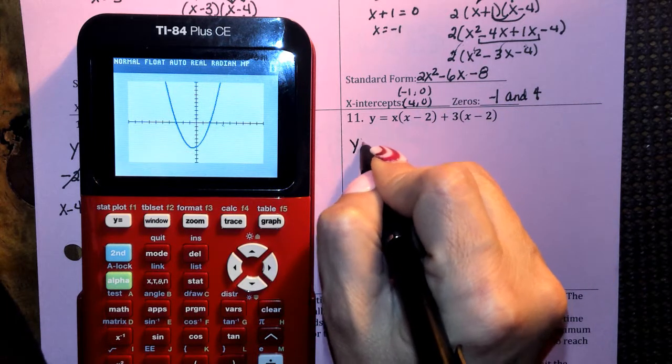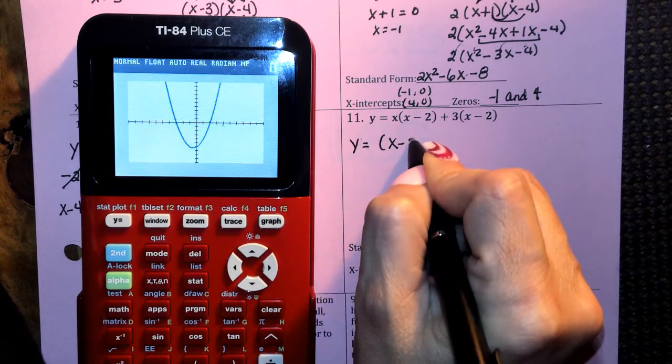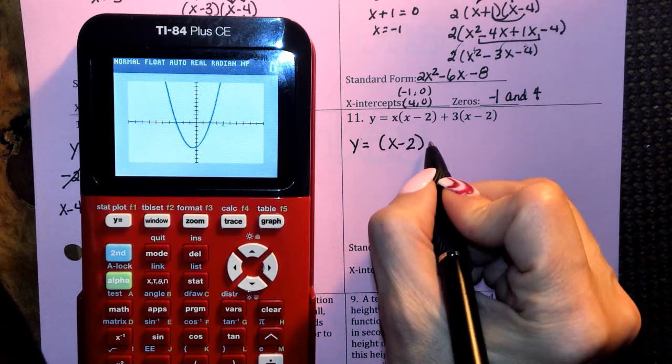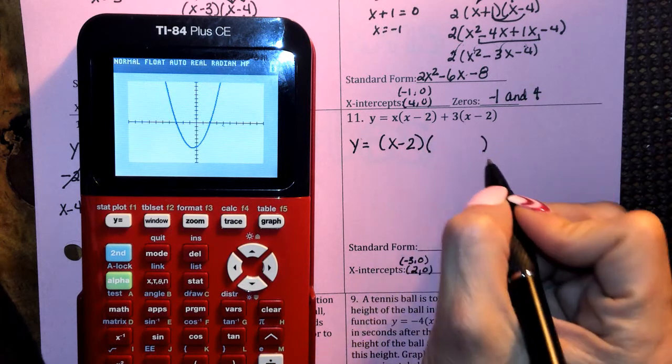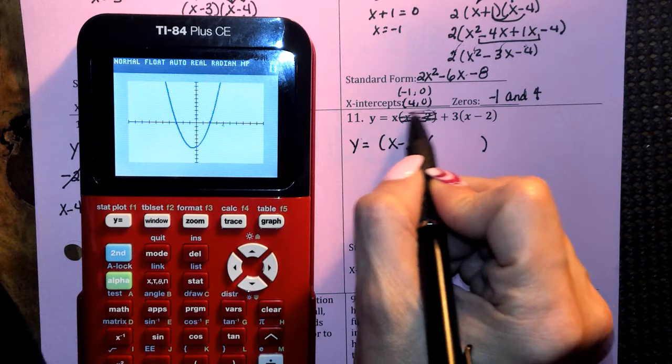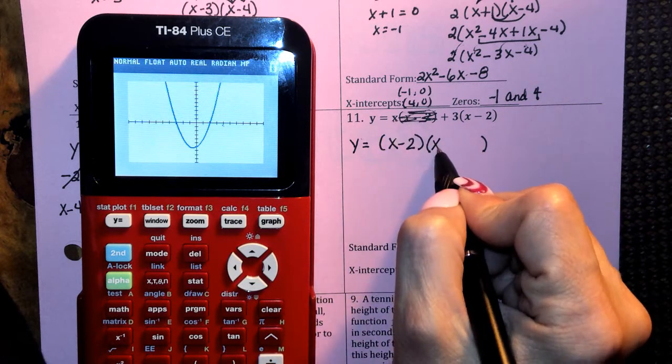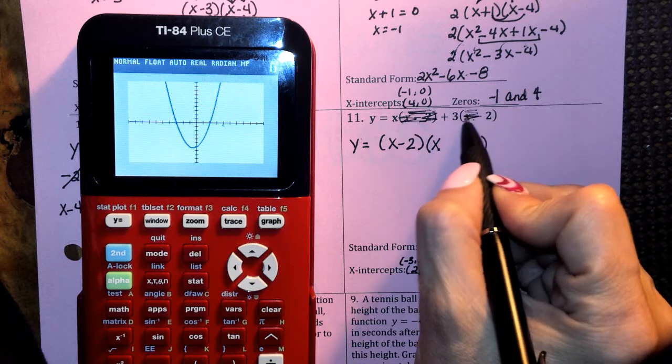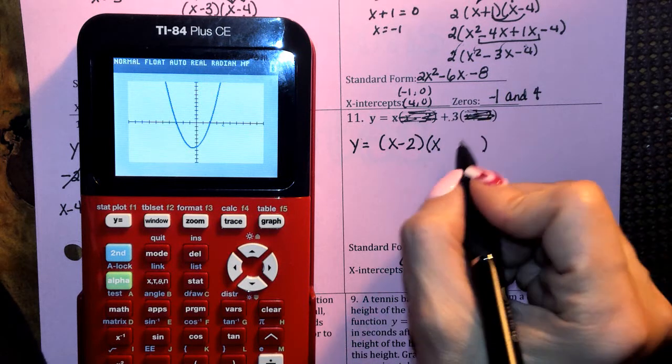So what I do is I pull x minus 2 to the front, and then I look at what is left. When I take x minus 2 out of this, I'm left with x. And when I take x minus 2 away from this one, I'm left with +3.